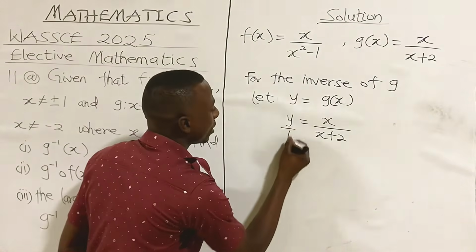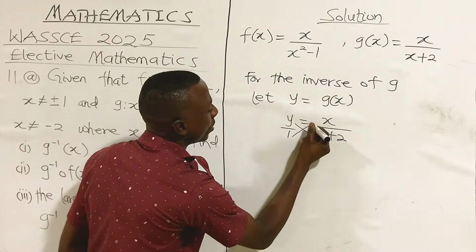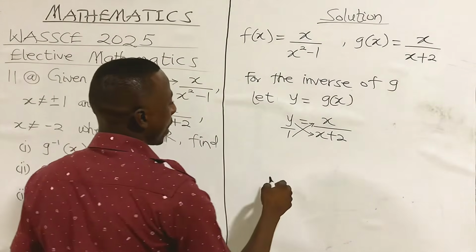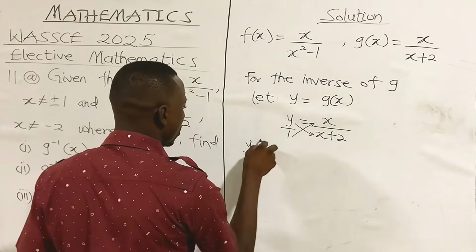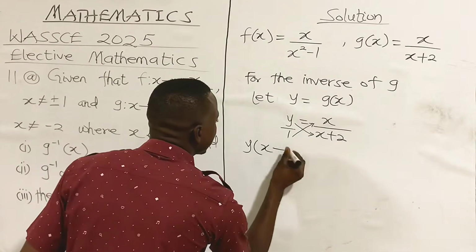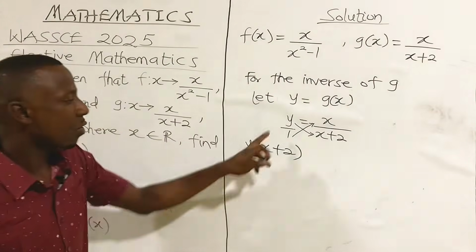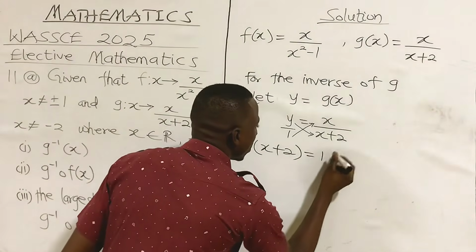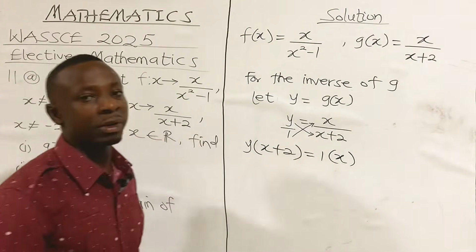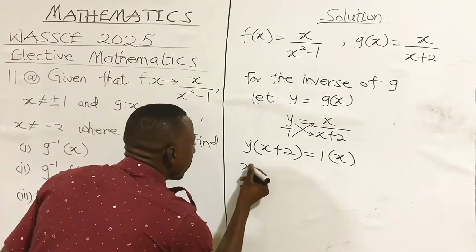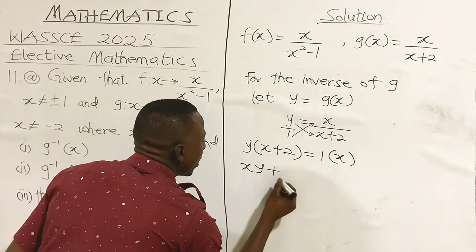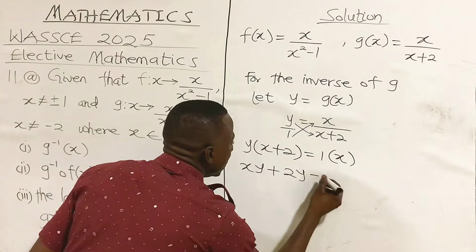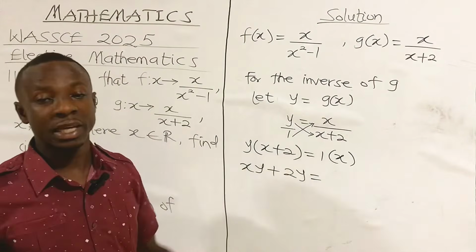Then from here, I am going to cross multiply. So I have y multiplying x plus 2, equal to 1 also multiplying x. So I have xy plus 2y is equal to 1 times x.